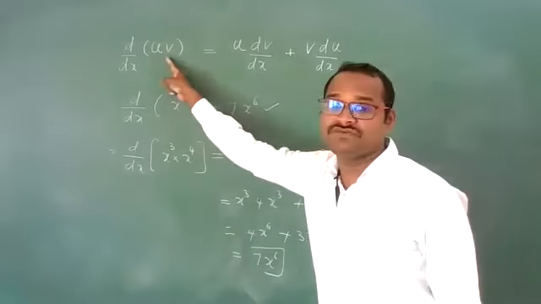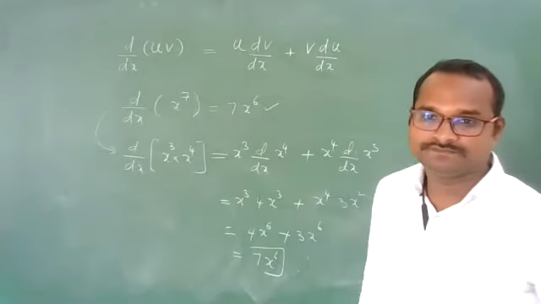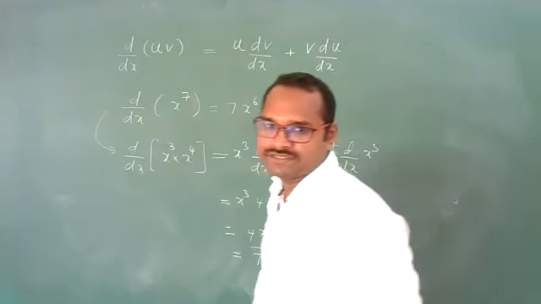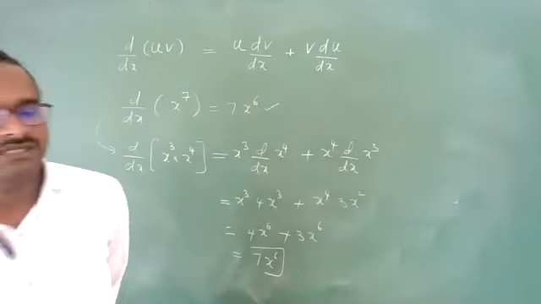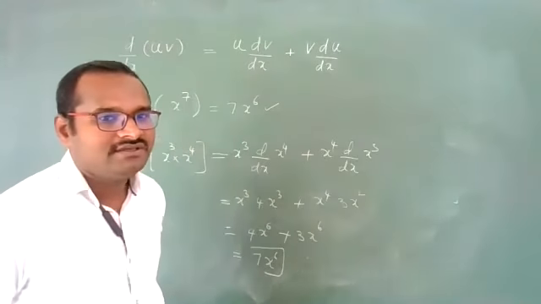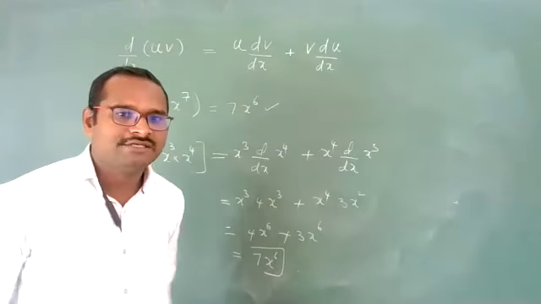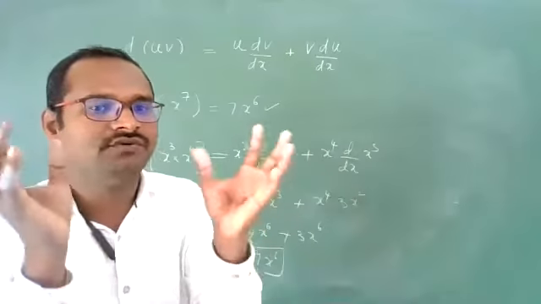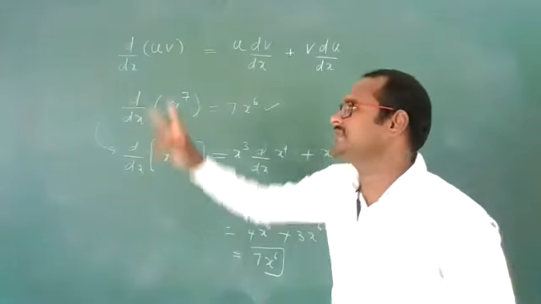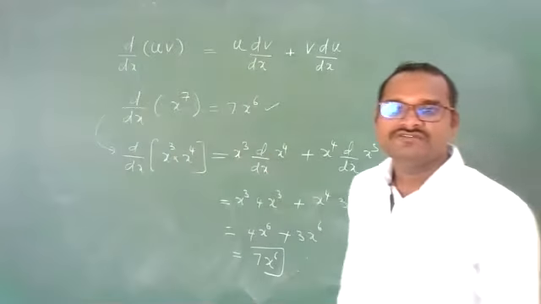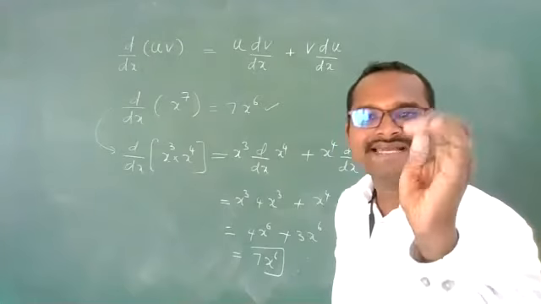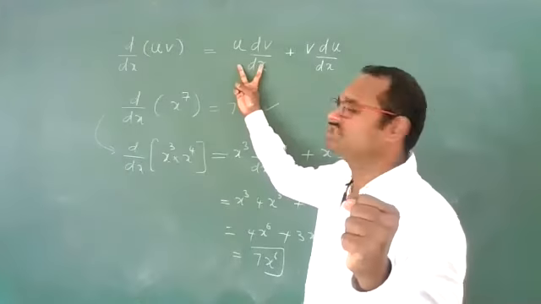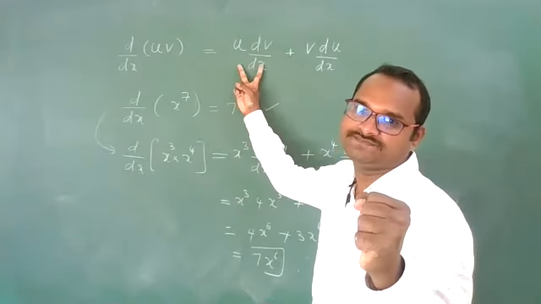Yes, many times we will use this. You need to remember. Many times we will use this formula in physics. Whenever you have a function as a product of two variables, and you want to take the differentiation of that, what you need to do? First, consider one variable as constant and take the differentiation of the second variable.